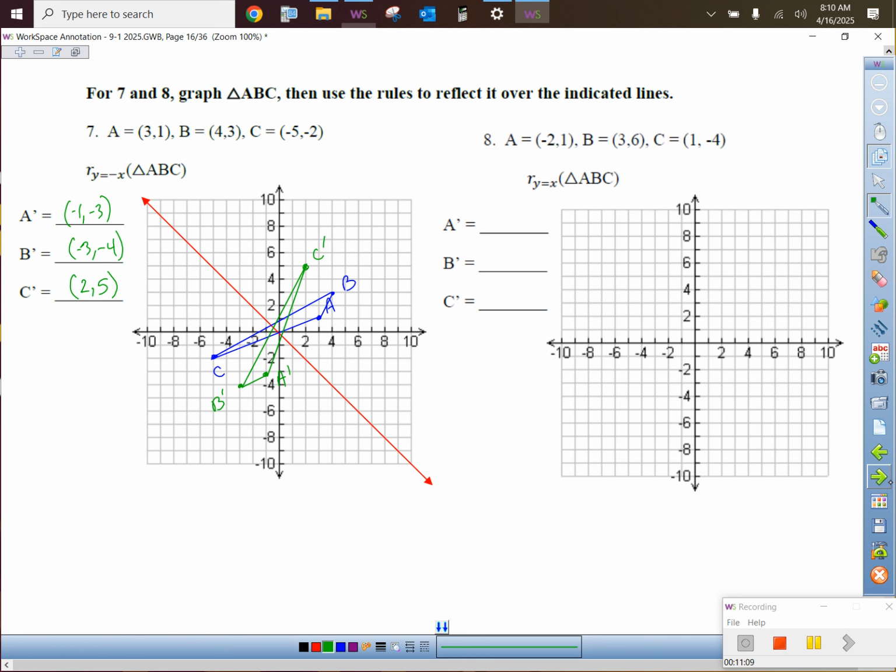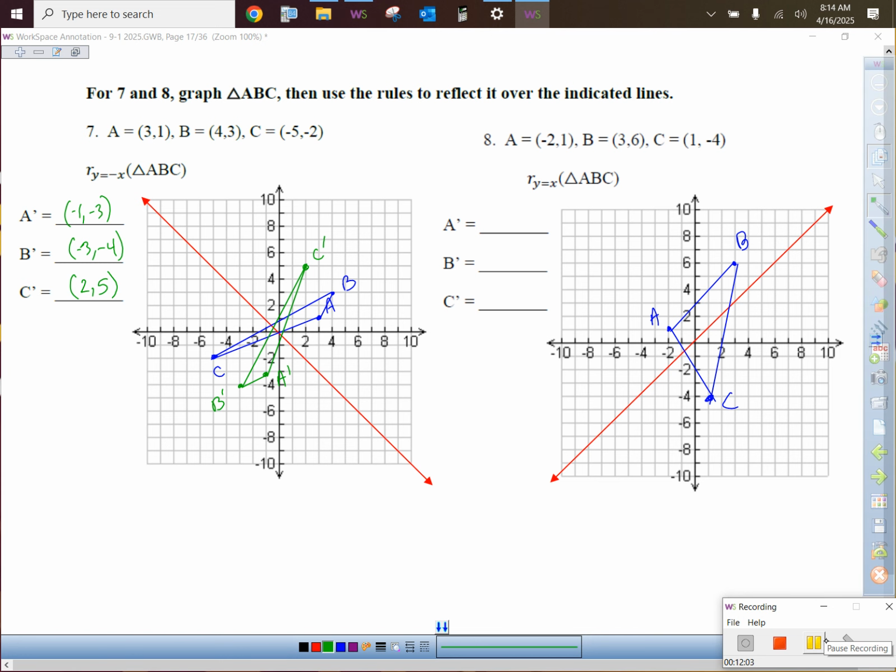So let's see if you can do that on 8. First, graph the line that they are asking you to reflect over. They are asking us to reflect over the line y equals x, so I'm going to graph the line y equals x. He has a y-intercept of 0 and a slope of 1. So, boom. And then plot triangle ABC.